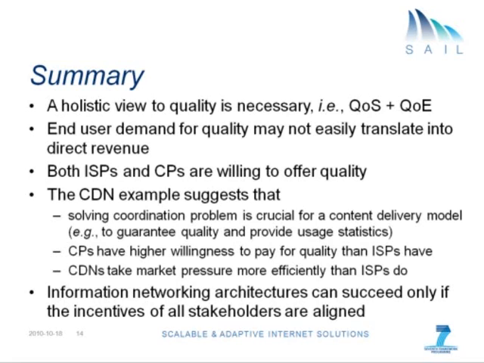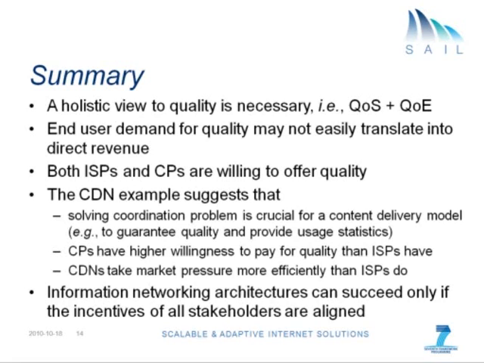What really matters is actually the quality of end user experience, not only the quality of service. Then the other thing is that end-user demand for quality may not easily translate into direct revenue, because there is huge competition between content providers, and end users can easily change their content and application service providers.